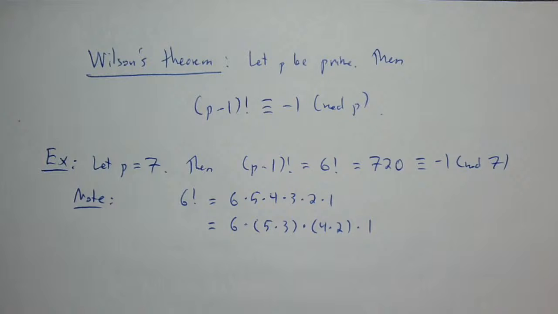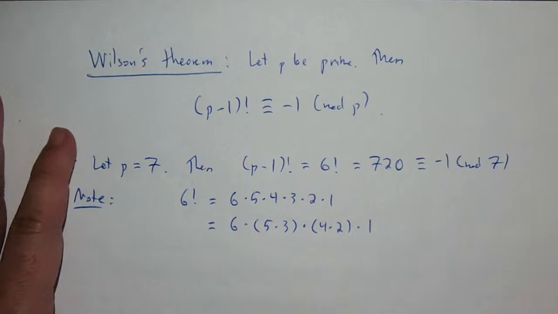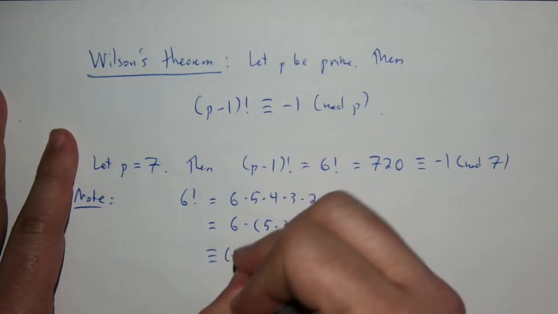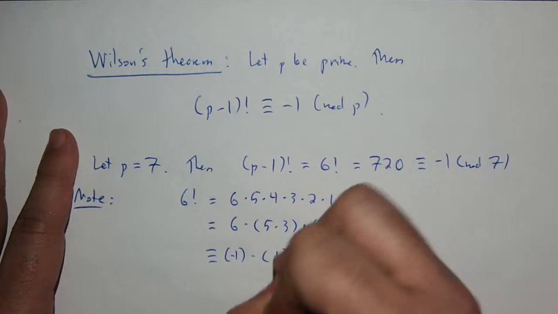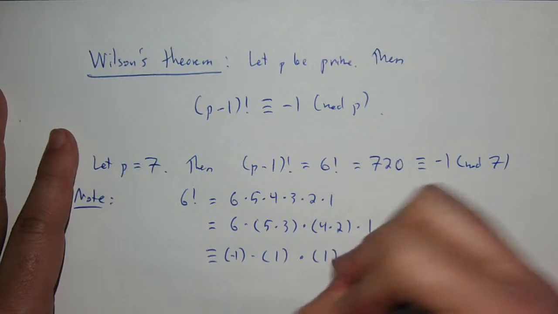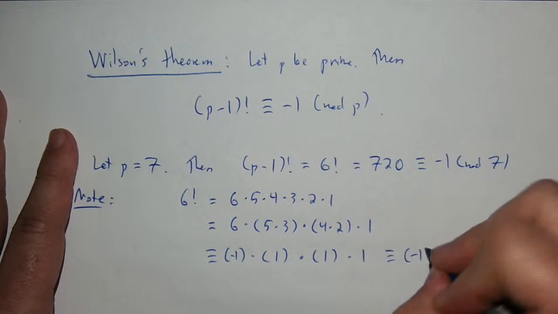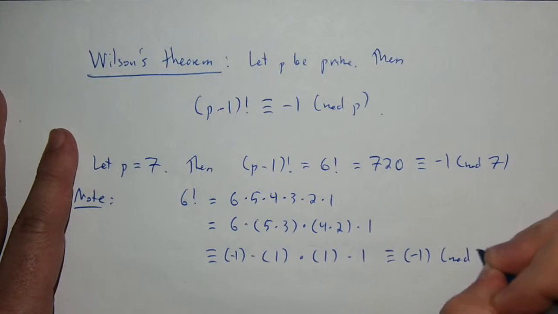And so what is it that I'm doing here? Well, it turns out that what I'm doing here is pairing each of these up with their multiplicative inverses mod 7. So this is congruent to minus 1 times 1 times 1 times 1, so that's congruent to minus 1 mod 7.